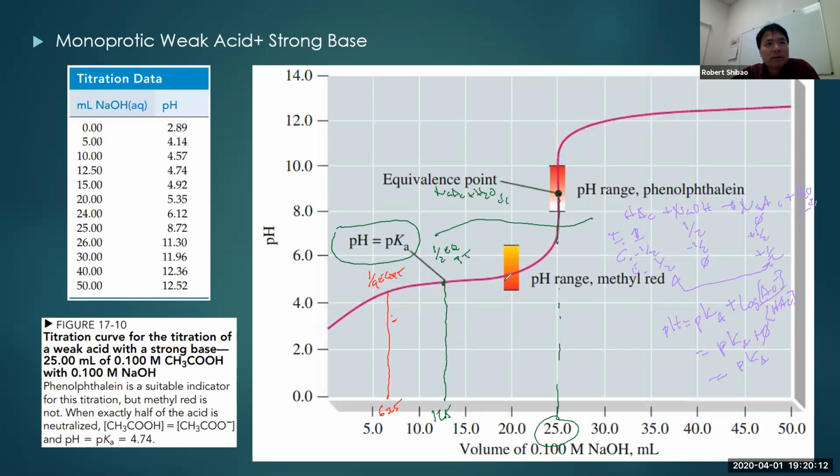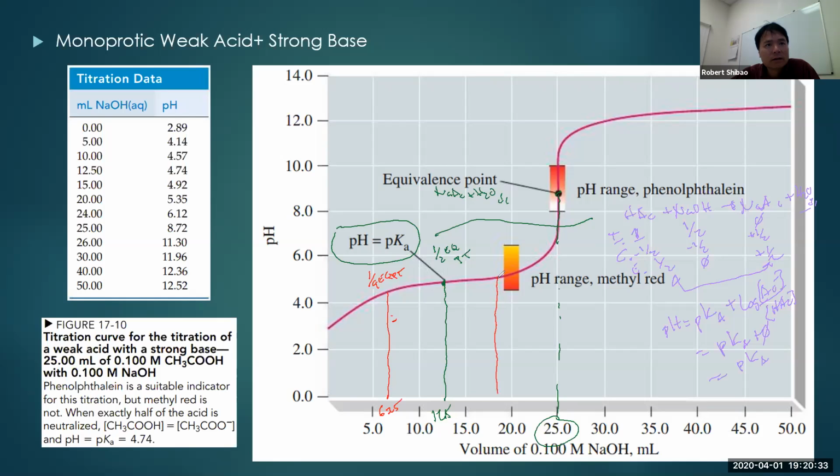Or we can go to something called the 3/4 equivalence point. And so what is 3/4 of 25? Well, to neutralize all of it requires 25. So 3/4 of that's going to be, I don't like these numbers. This is why I like to keep simple numbers here, but add another 6 1/4, so it'd be 18.75.